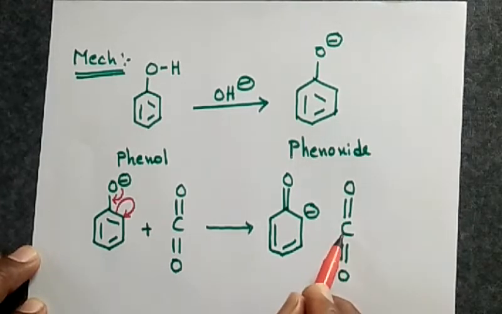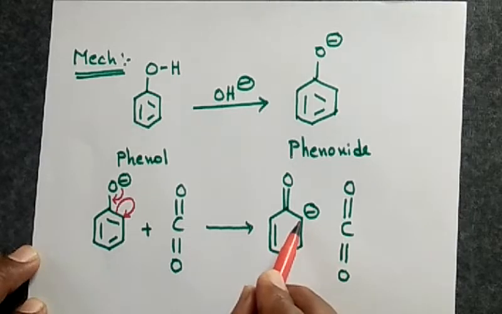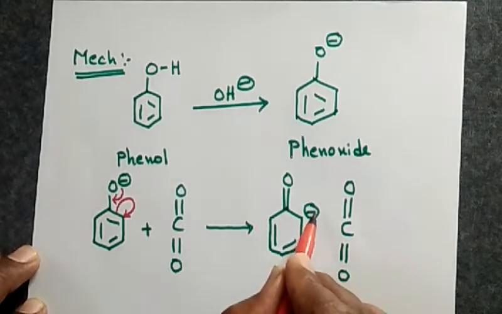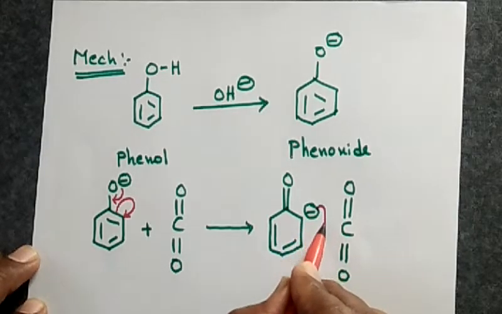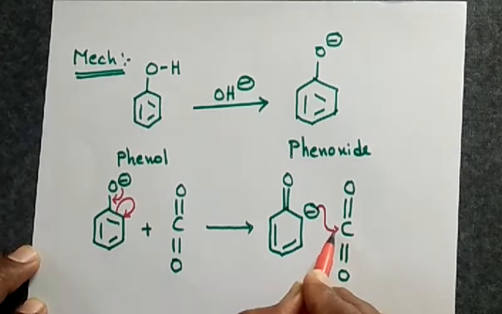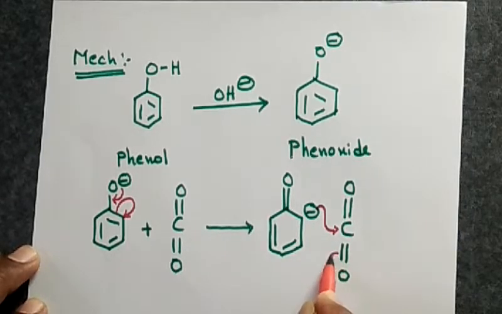That means it can become easily an electrophile, and this is a better nucleophile. So with the help of this, it is forming a bond on this carbon, so that this pi bond entirely transfers onto the oxygen like this.